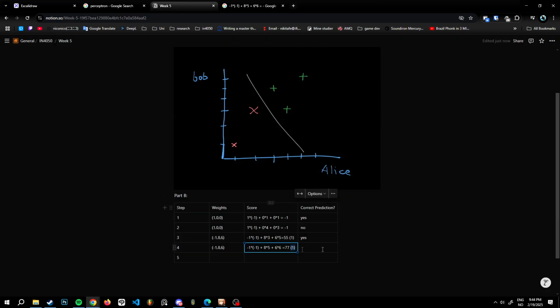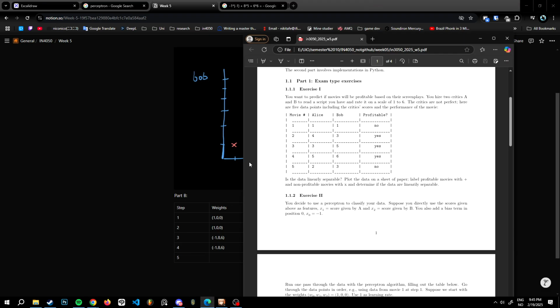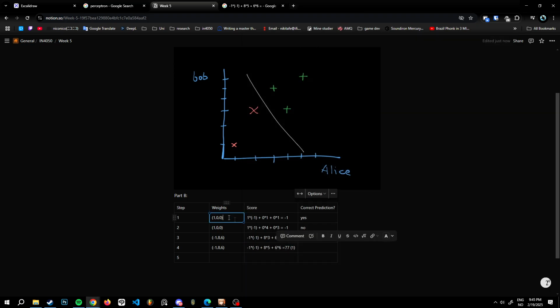If this was a negative number, it would be -1. Simple as that. Our prediction here is that this movie will sell. And will this movie actually sell? Let's see. Yes, this movie is profitable indeed. Then yes, nothing we need to do, right? This is what supervised learning essentially is.